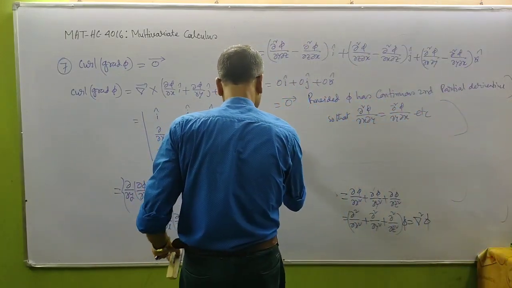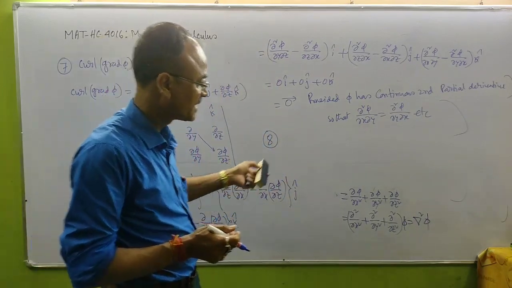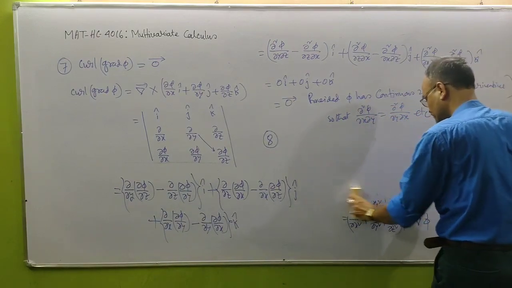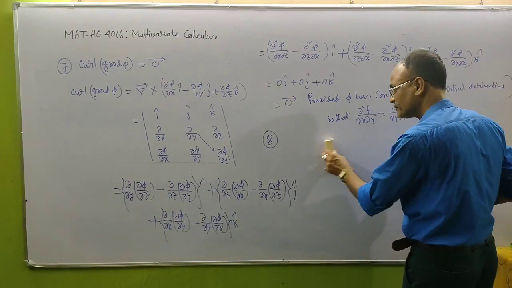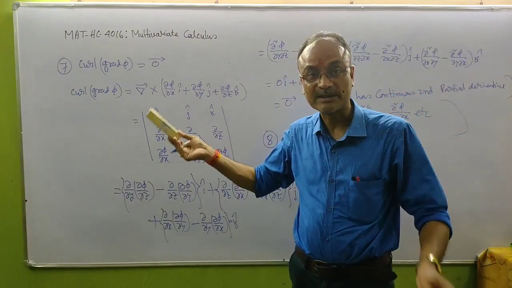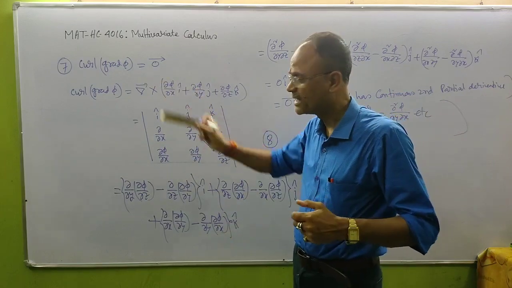Now let me write number 8. We have proved divergence of gradient φ equals Laplacian of φ, and curl of gradient φ equals zero.